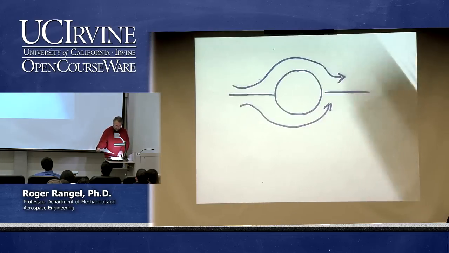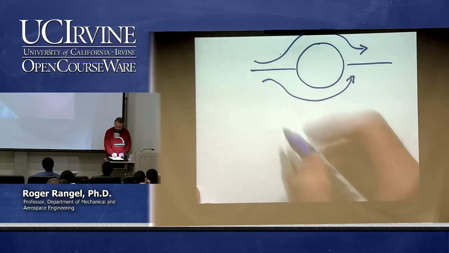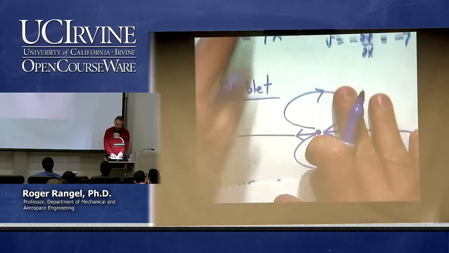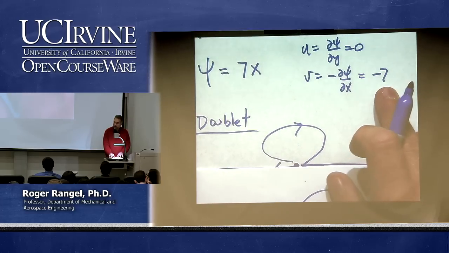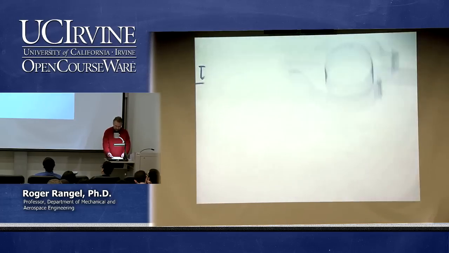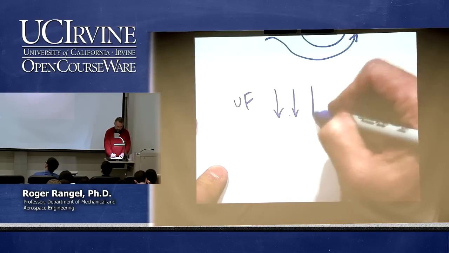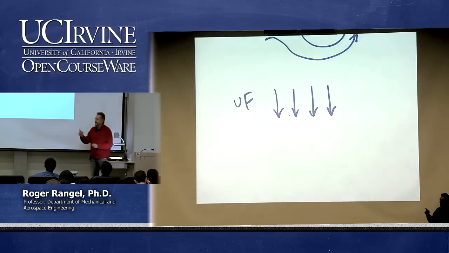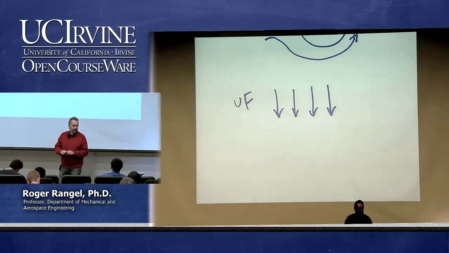What if I have the uniform flow, like I said in the second example, where it was coming down? If I have the uniform flow going down like this, and I want to add the doublet so I can have the cylinder, how do I have to reorient my doublet?